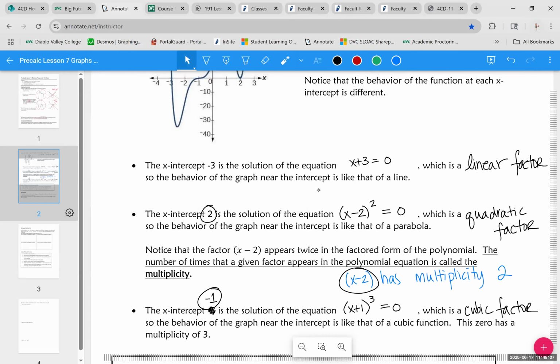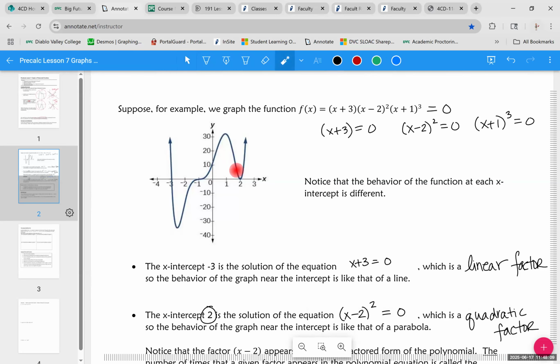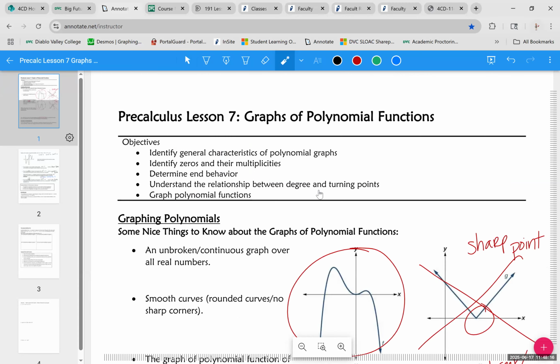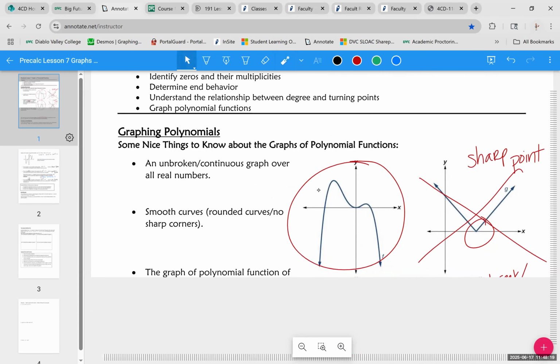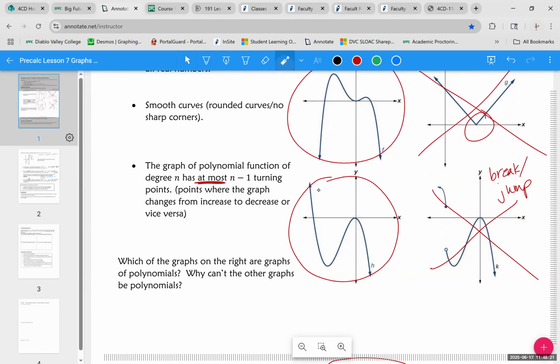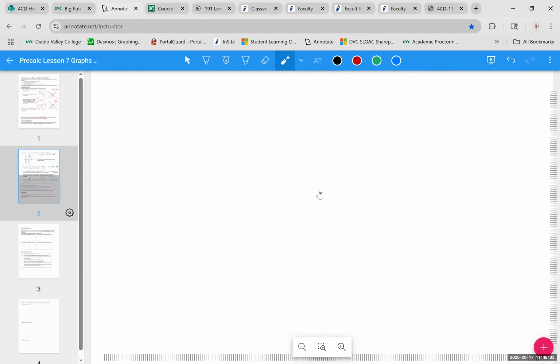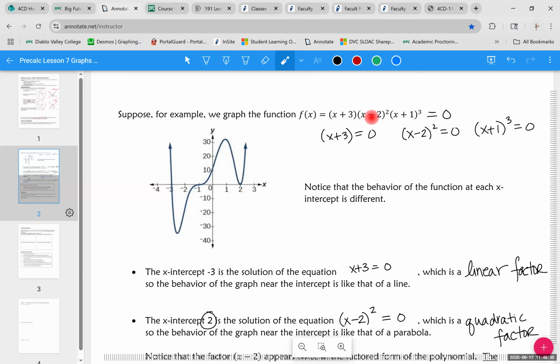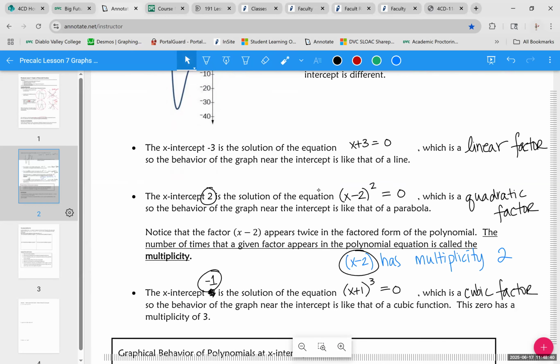So if it is a multiplicity of 2, you'll notice it touched it and it came back up, but it didn't cross. Similar to what we saw on this graph here, it came up but did not cross. It touched it. So this 0 has to have a multiplicity of either 2 or 4 or 6. It's an even multiplicity. Okay? That means its factor has a power that's even, 2, 4, etc.